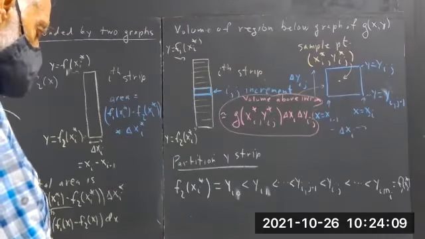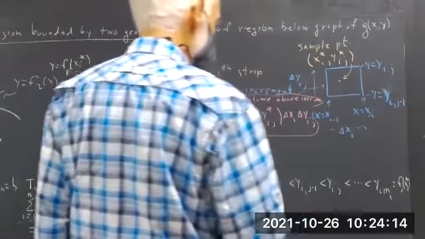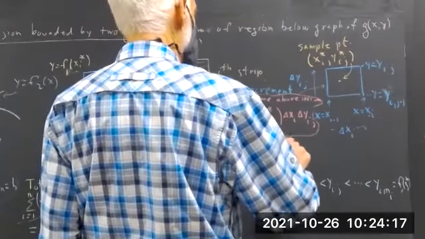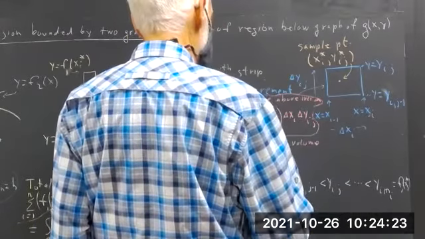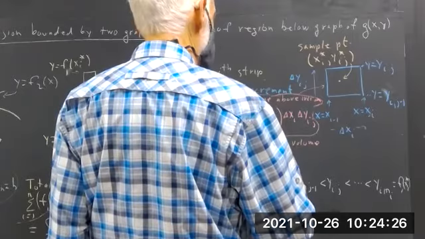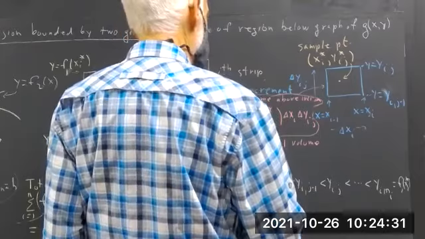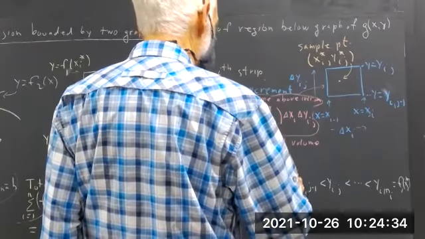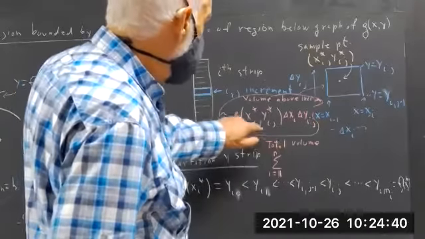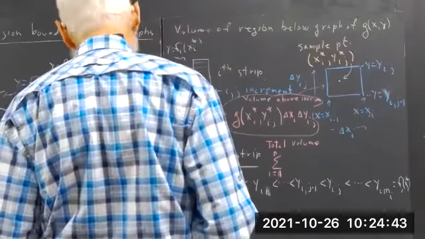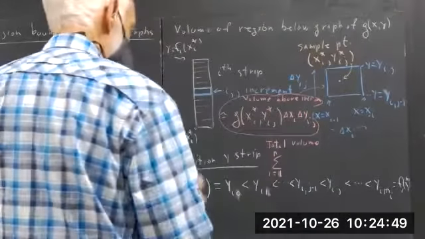The total volume is a sum from i equals 1 to m of the sum. Let me back up.